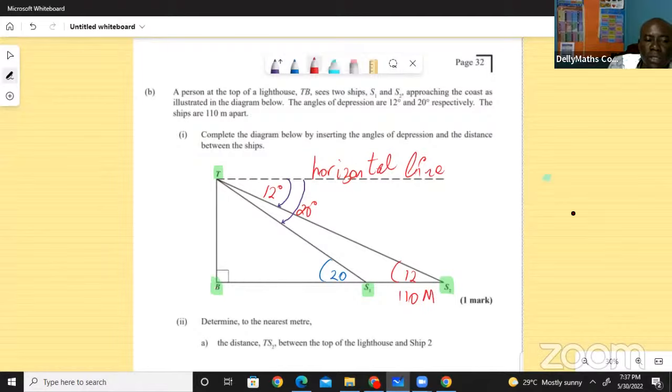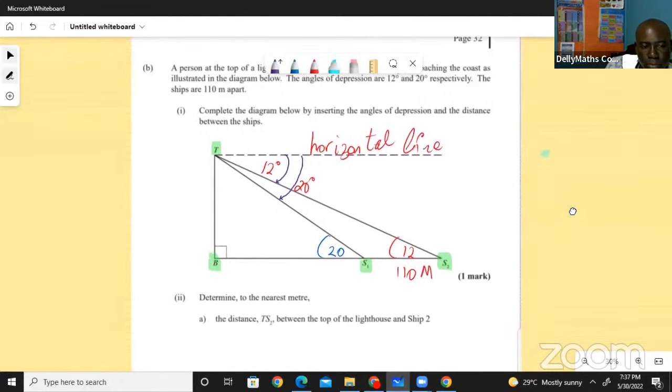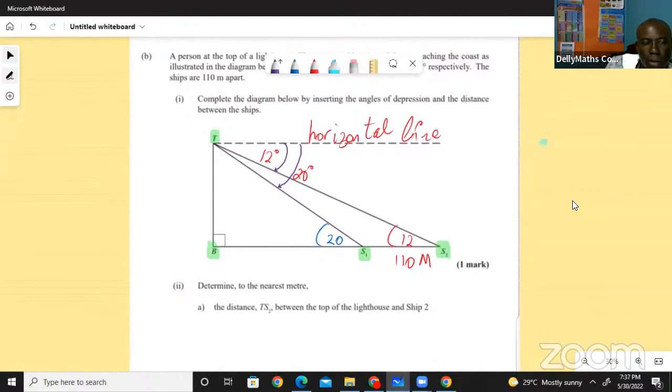Determine to the nearest meter. If you notice too, this little angle between this and this little piece here is 8. So determine to the nearest meter the distance T, where is T?